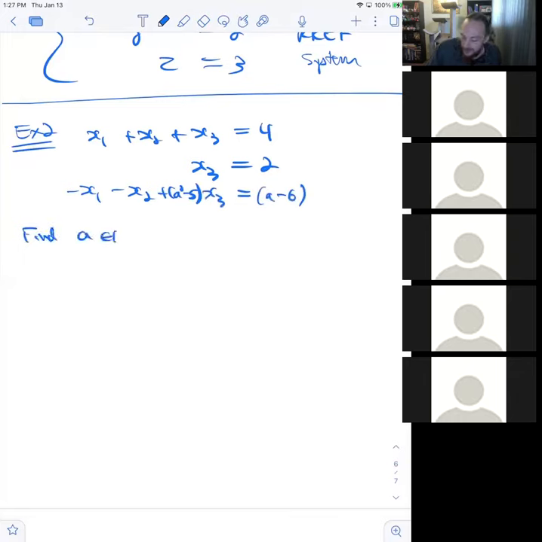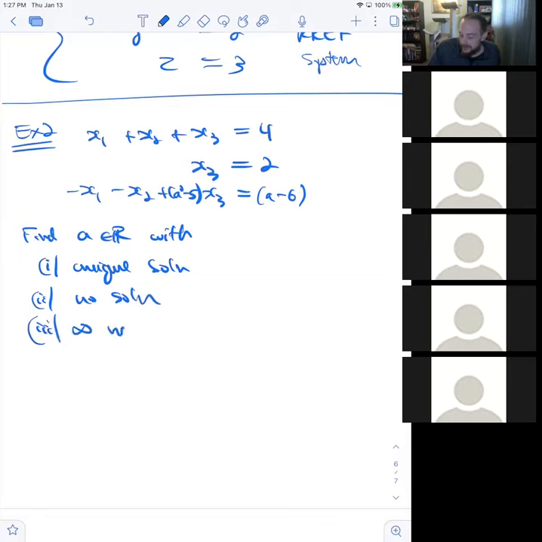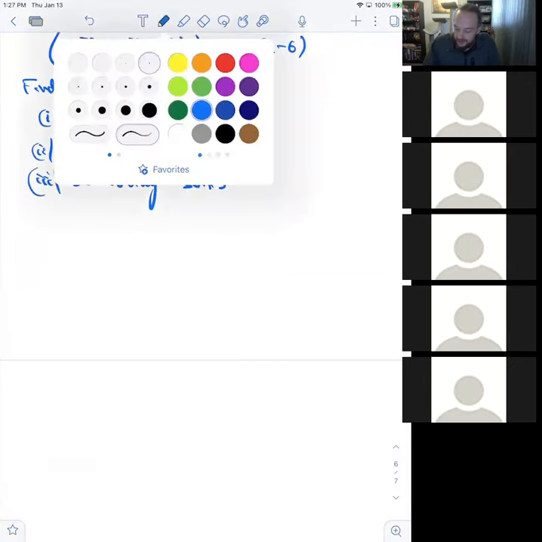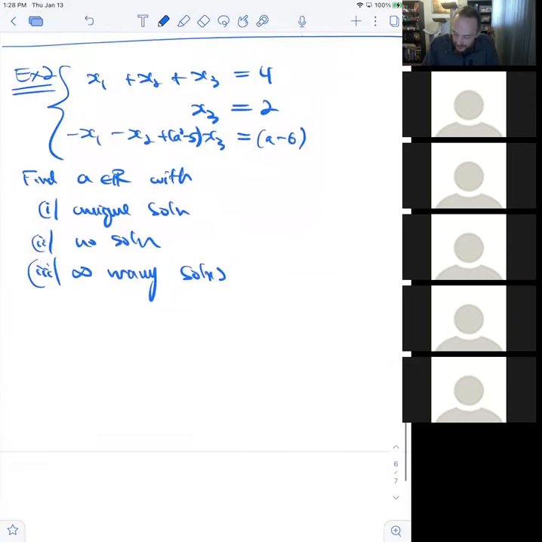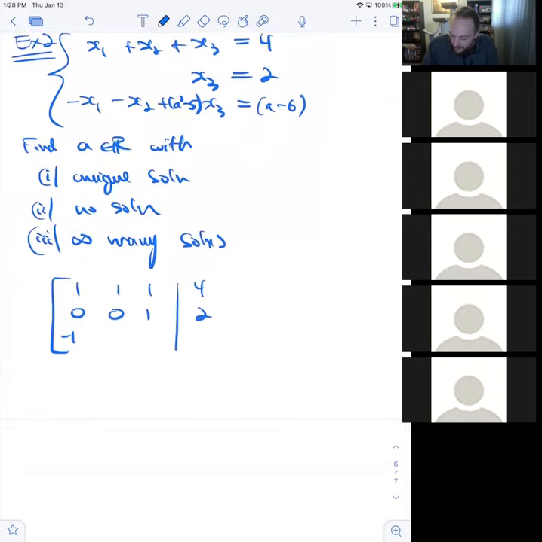Find a in R with 1, unique solution, 2, no solution, and 3, infinitely many solutions. So I look at the augmented matrix immediately. The augmented matrix is going to be what? I'm going to have 1, 1, 1, 4, 0, 0, 1, 2, negative 1, negative 1, a squared minus 5, a minus 6.